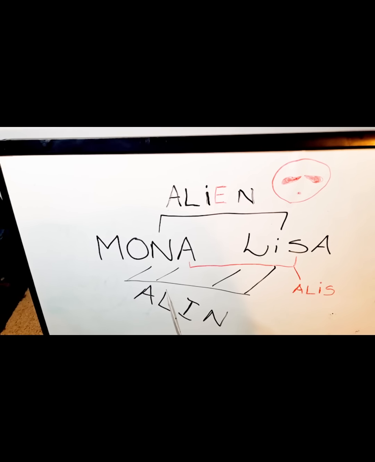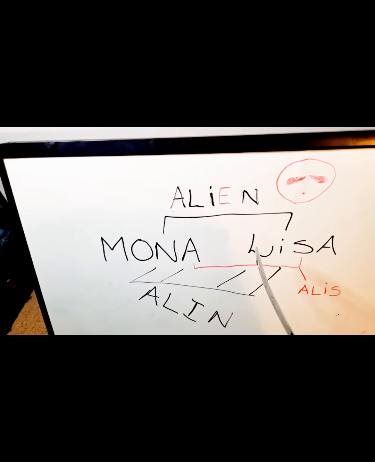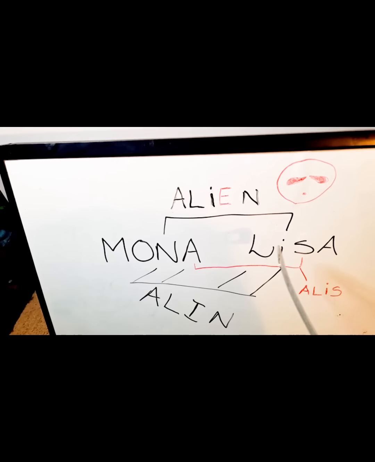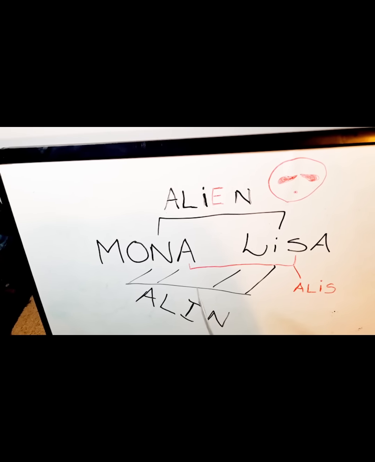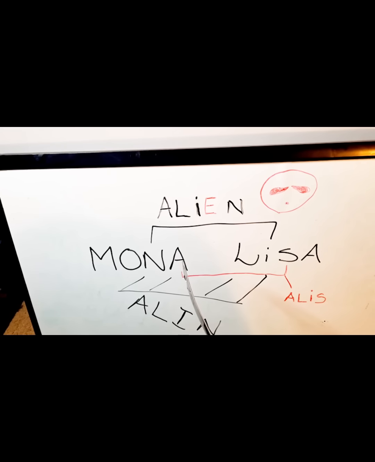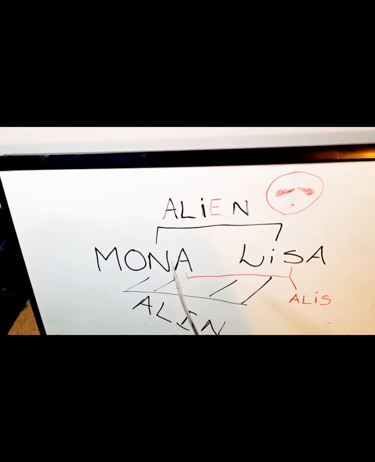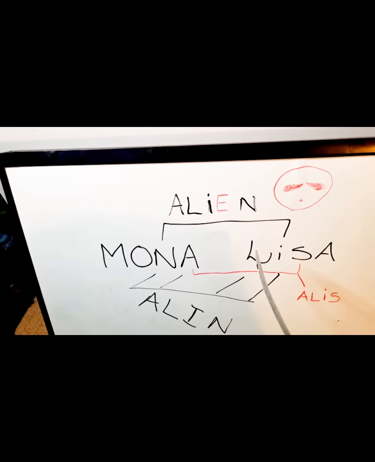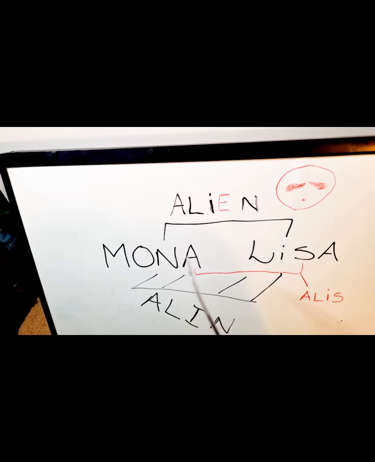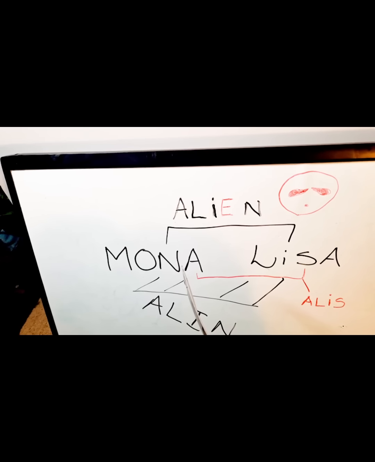We have L right here. We have I right here. And we have N that connected to alias. We have N-N-A-L-I. We have Ali. I-N. Alien.